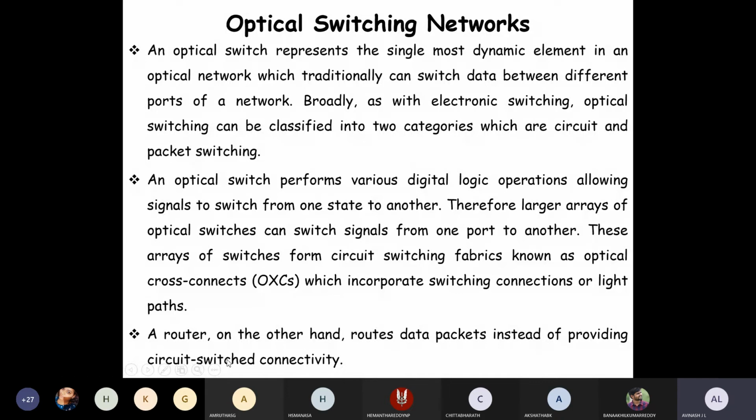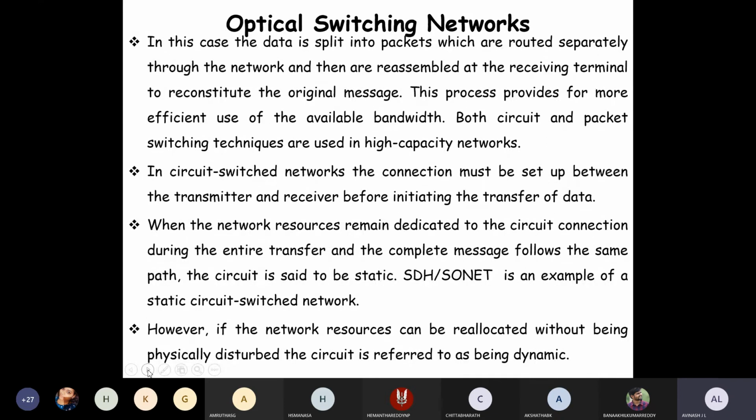These are the fundamental things which we are already familiar with. A router, on the other hand, routes the data packets instead of providing circuit switch connectivity. In packet switching, the data is split into packets, which are routed separately through the network and then reassembled in the receiving terminal to reconstitute the original message.